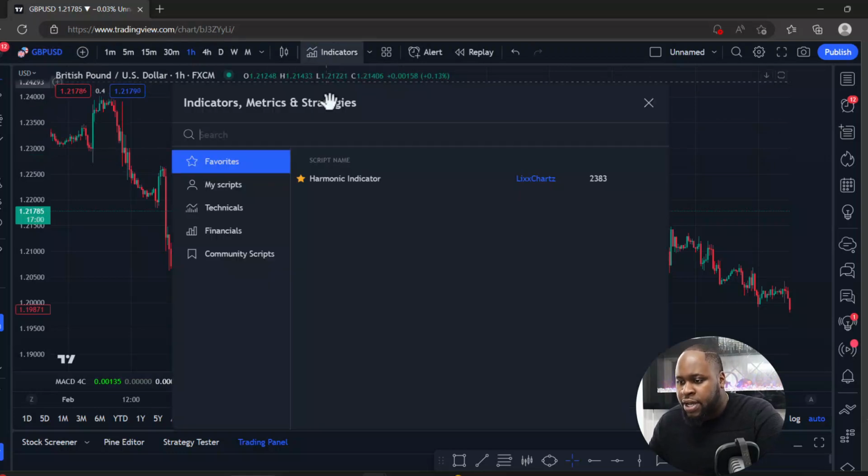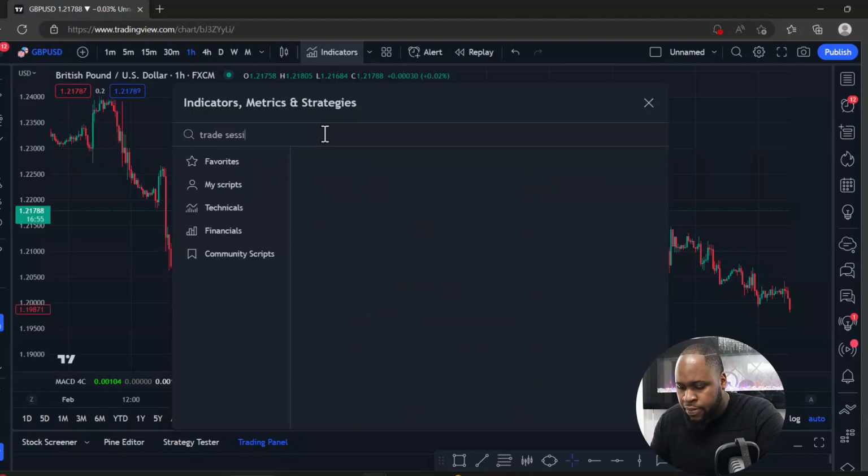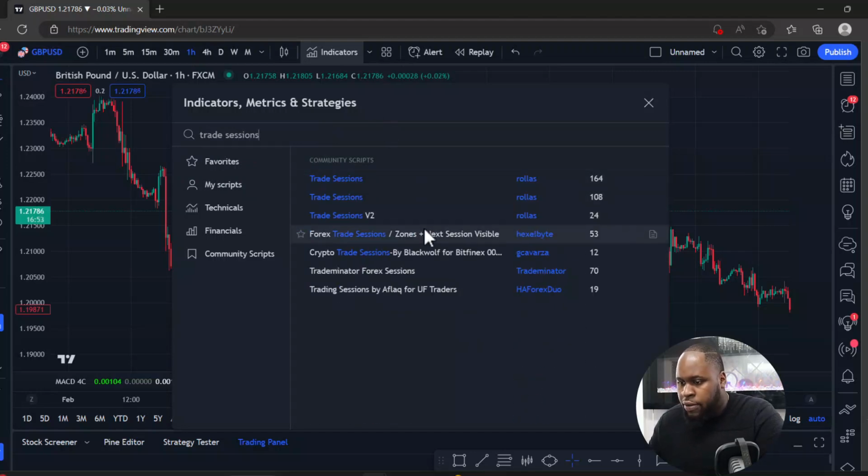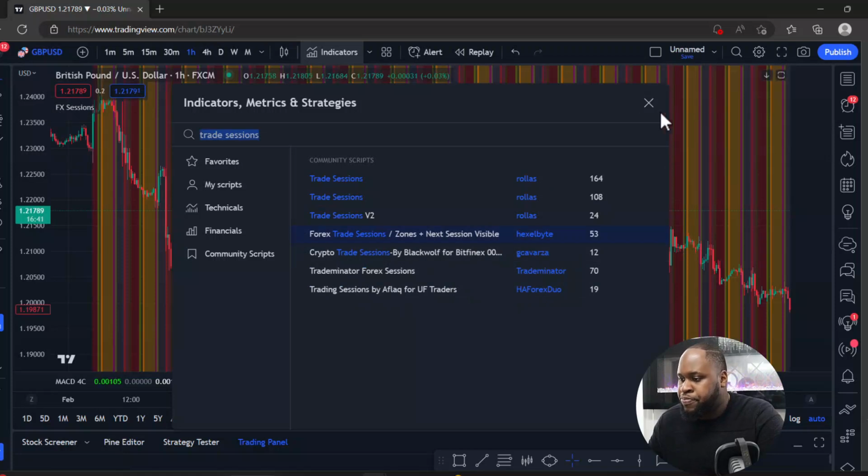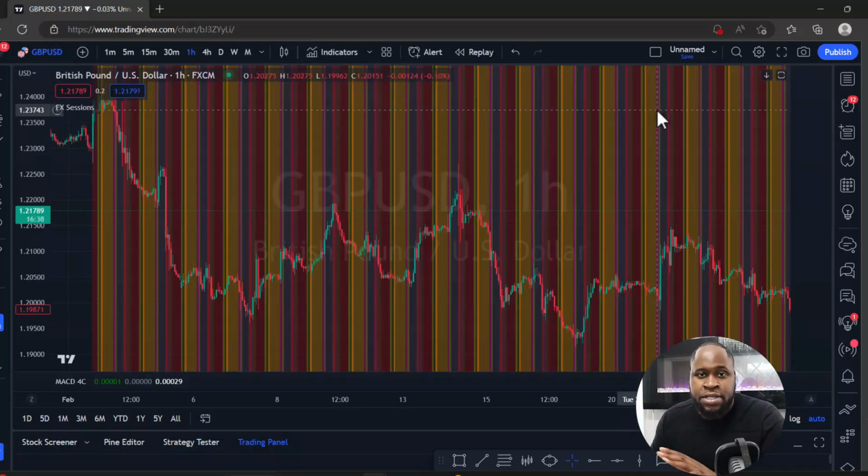So what we're going to do is we're going to go to the indicators. We're going to click on indicators and we're going to type in trade sessions. All right. So I'm going to click on this one over here, Forex trade session zones plus next session visible by Hexabyte. Now, I know this looks an absolute mess, but don't worry. This will be cleaned up very soon.